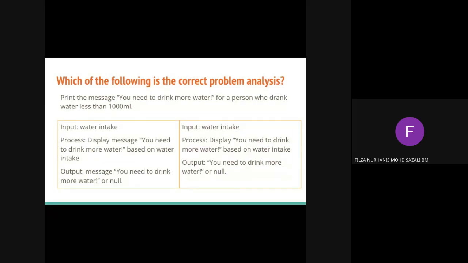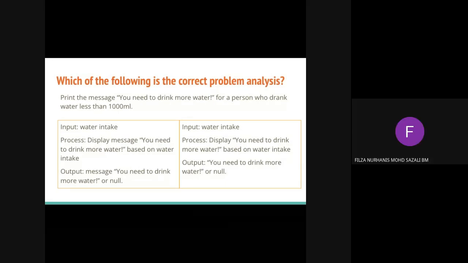Tapi for this example, proses dia adalah display you need to drink more water based on water intake. Okay, you can write that bila dalam exam pun benda tu akan betul juga. Right? So for this example juga, dia punya proses adalah display you need to drink more water based on water intake. So kiri ke kanan, mana yang betul? Kanan. Kenapa kanan?